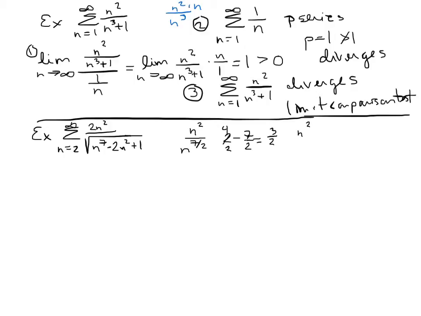So n squared, n to the 3/2, and n to the 7/2. Do I have the same powers there? So 3/2 plus 2. 2 is the same thing as 4/2, which is 7/2. Okay, I've got the same powers. I'm going to use 1 over n to the 3/2.